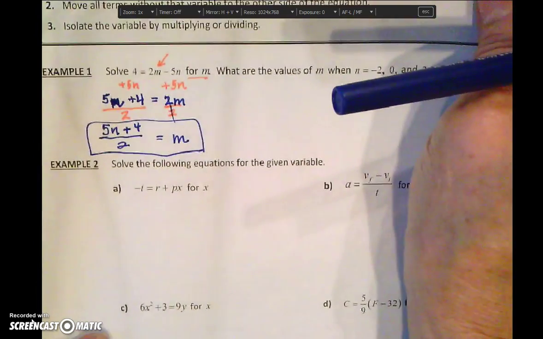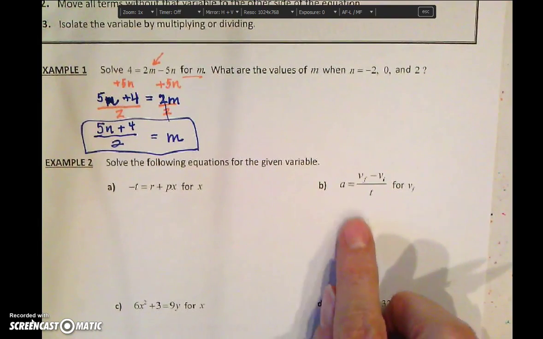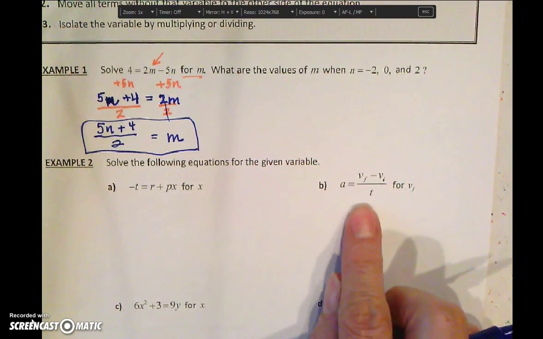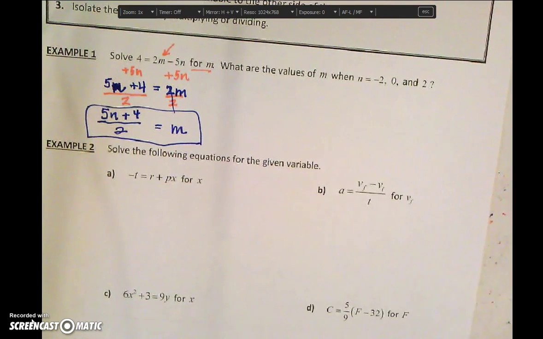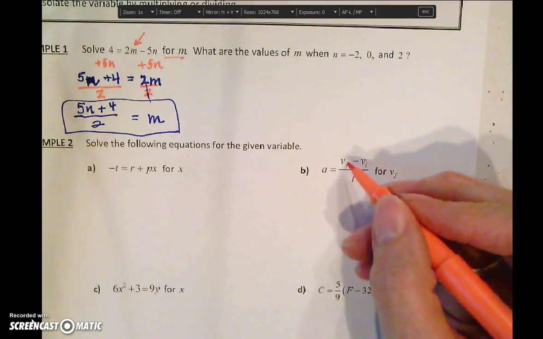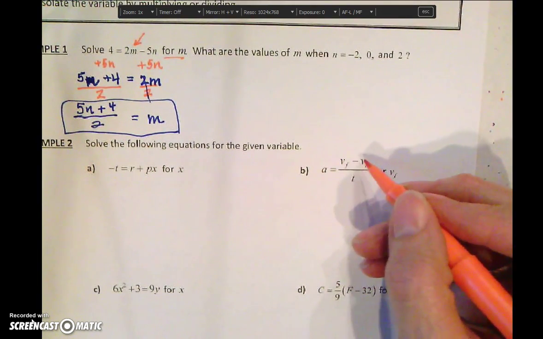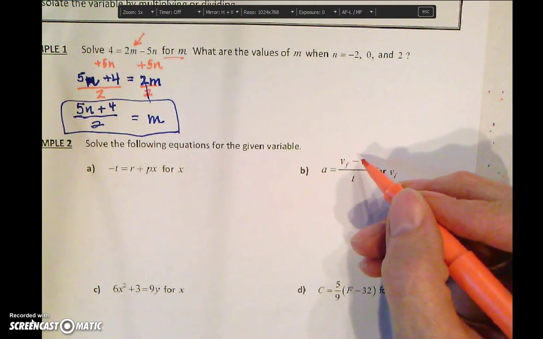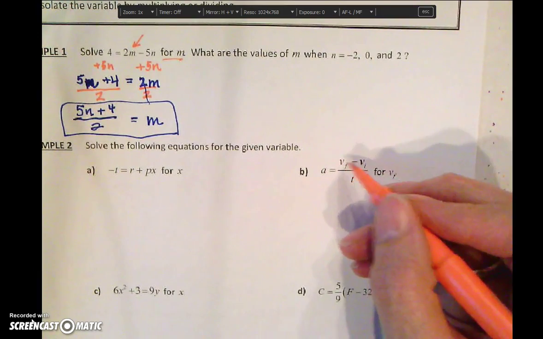So now let's go down, and again, I want to try and do some that are more different from each other. So I'm going to come over and do B next. This time you see these variables have the little subscripts, so V sub f minus V sub i, and often in physics you'll have a term for velocity.